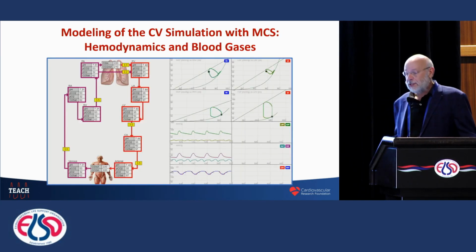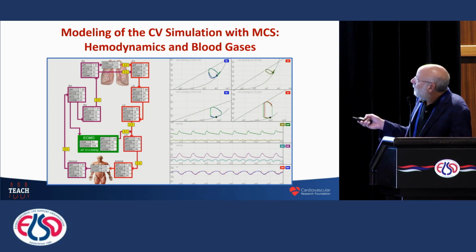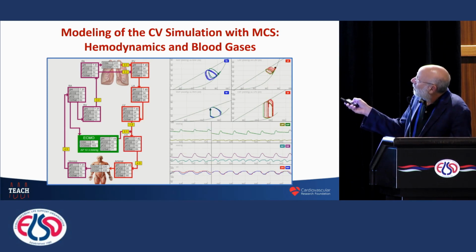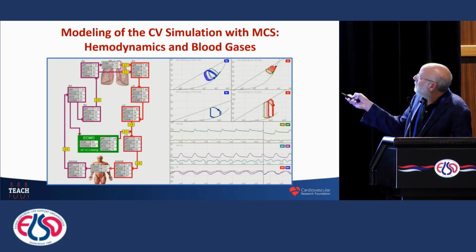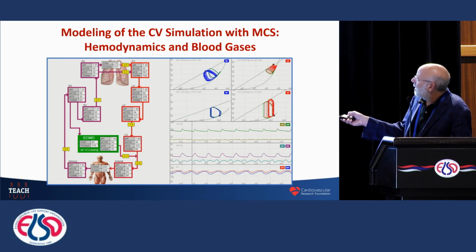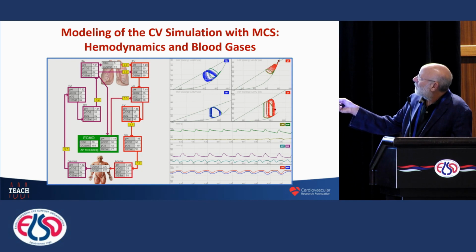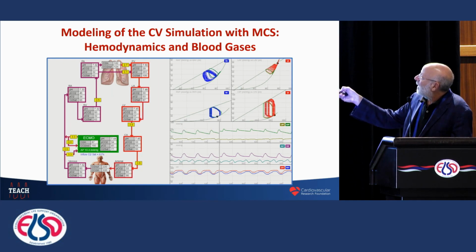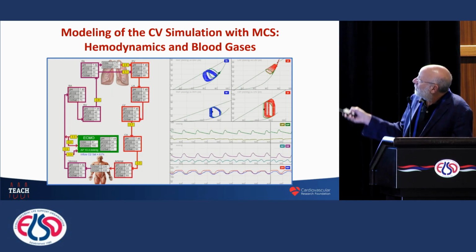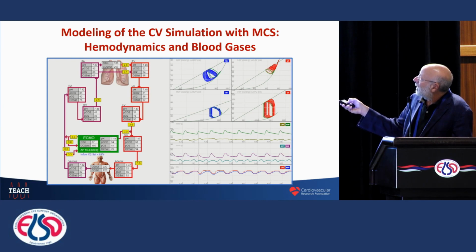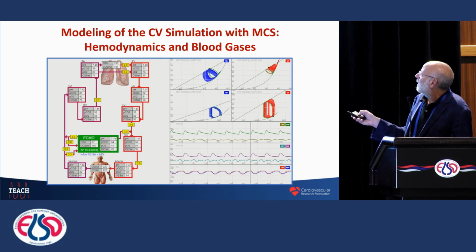And getting a little bit more deep into the blood gases, what you can see here is we've got now all the different chambers from the pulmonary vein, LA, LV, central aorta, arterial system, venous system, RA, RV, pulmonary artery, and then the lungs. We have the lungs that are exchanging CO2, putting oxygen in and taking CO2 out.